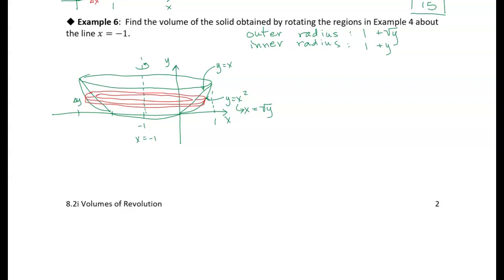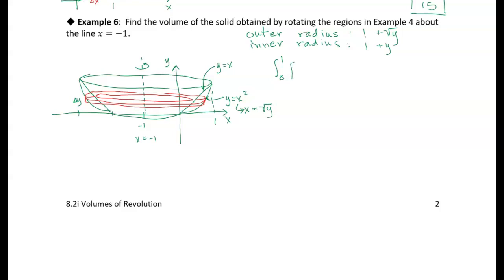We're going to integrate from 0 to 1, and we're integrating in the y direction. So we're going from y equals 0 to y equals 1. And then we're going to take these two circles essentially. The area of the outside circle minus the area of the inside circle will give us the area of the washer that we're integrating.